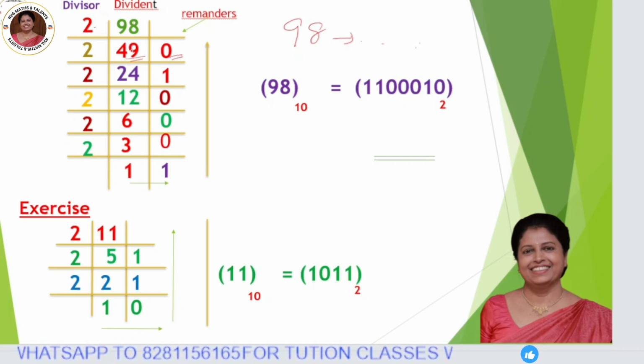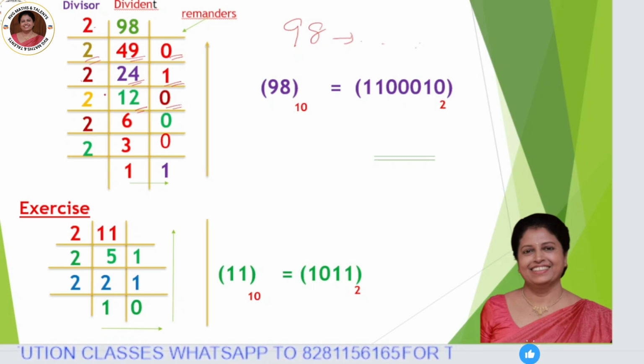Then next 49 is divided by 2, and we get 24 as quotient and 1 as the remainder. Again 24 is divided by 2. We get 12 as the quotient and 0 as the remainder. Again 12 is divided by 2. We get 6 as the quotient and 0 as the remainder.